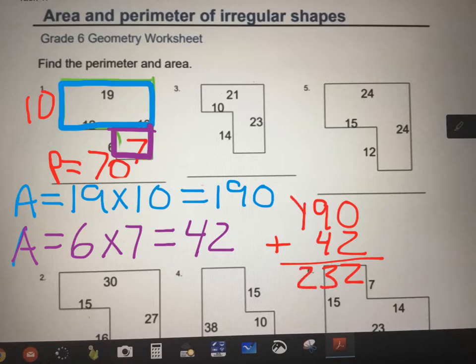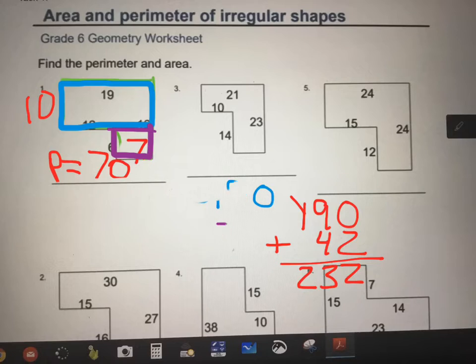So your area is going to be 232. And that's all you have to do.